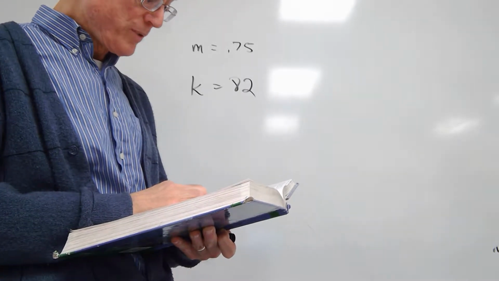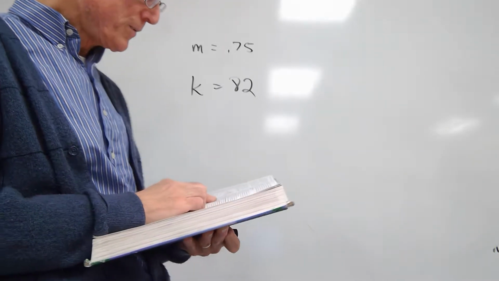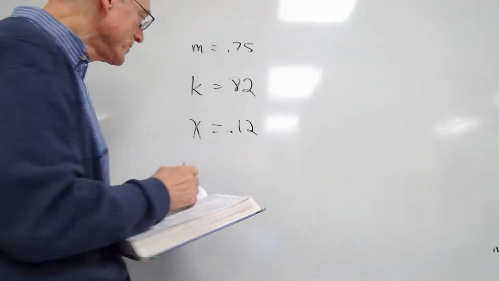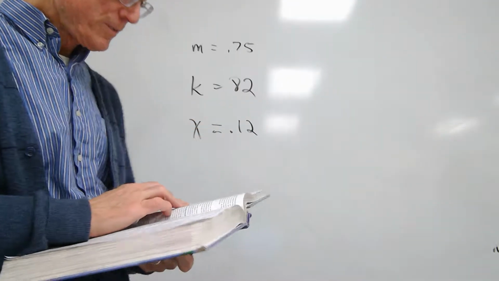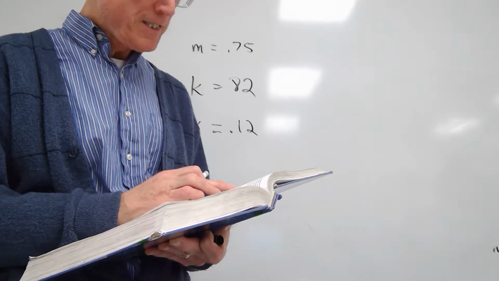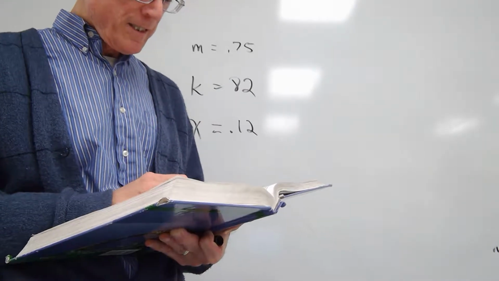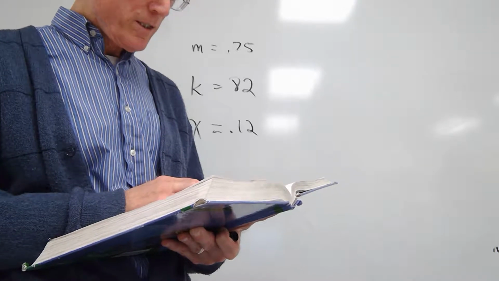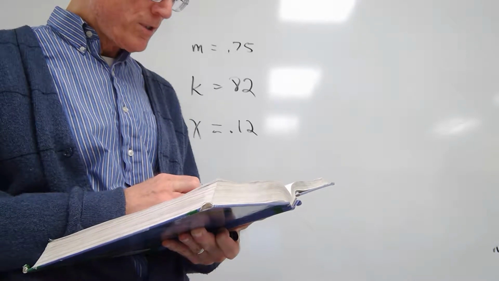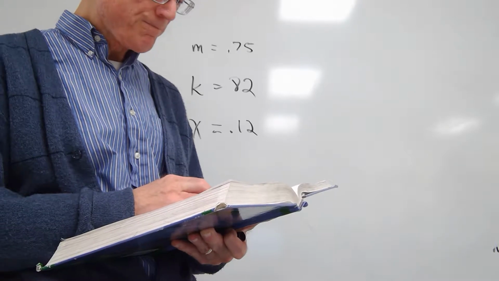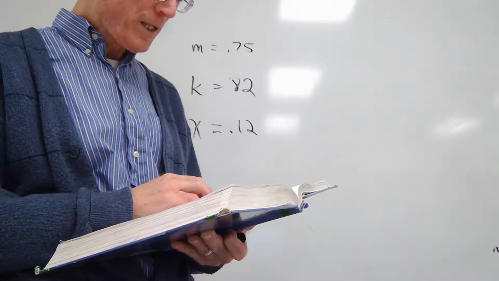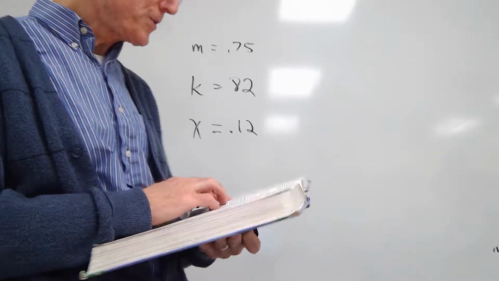It's given a displacement of positive 0.12 meters. X is 0.12 meters on the positive side. And then release from rest. What is the force, magnitude and direction, that the spring exerts on the block just before the block is released?